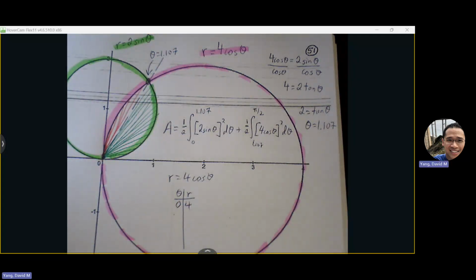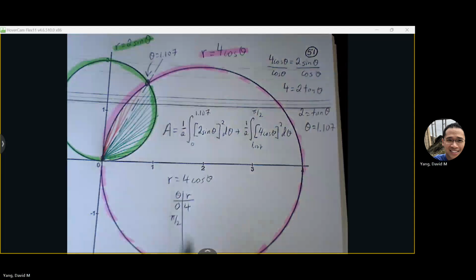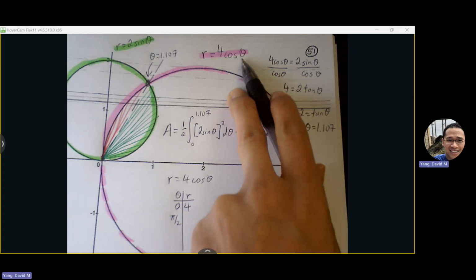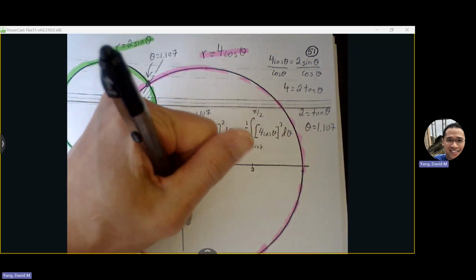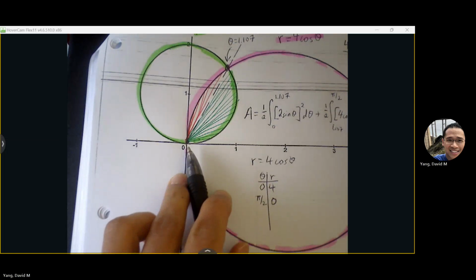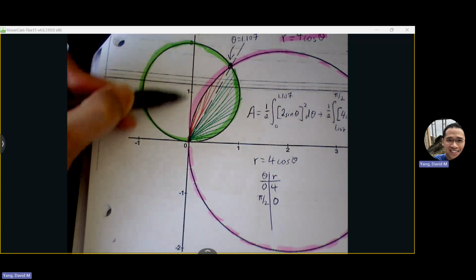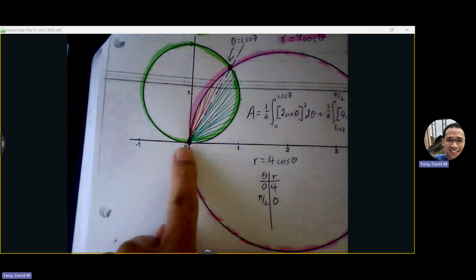And then at pi over 2, what's cosine of pi over 2? 0. 0 times 4 is 0. So at pi over 2, now normally pi over 2 would be up here, right? Pi over 2 will be up here. But at pi over 2, the graph is going to be at 0. So it's going to end up here.